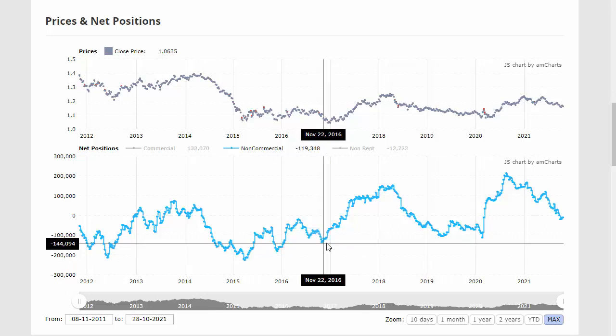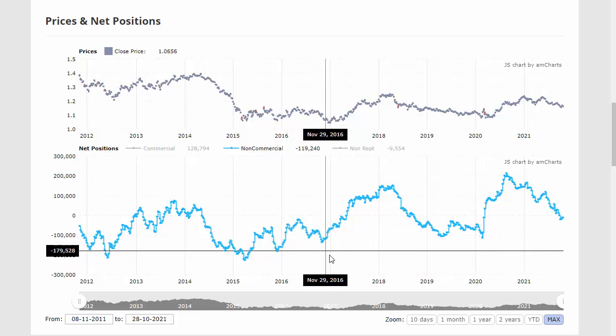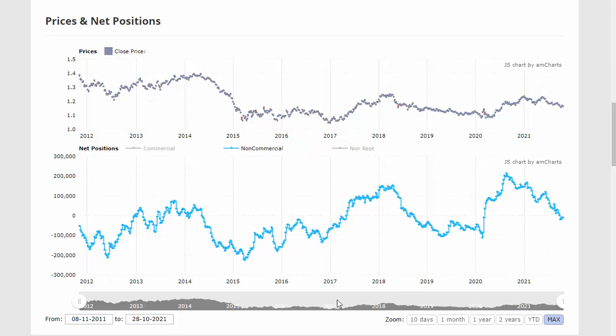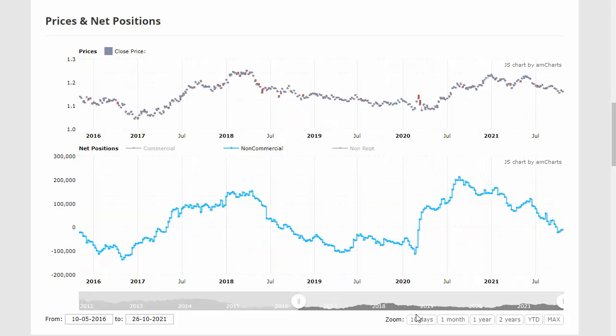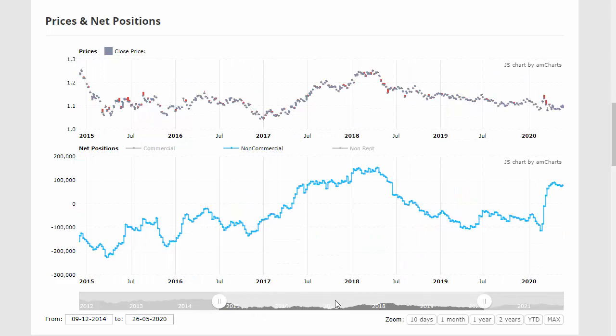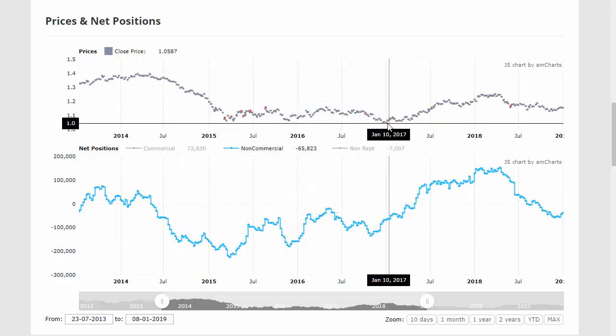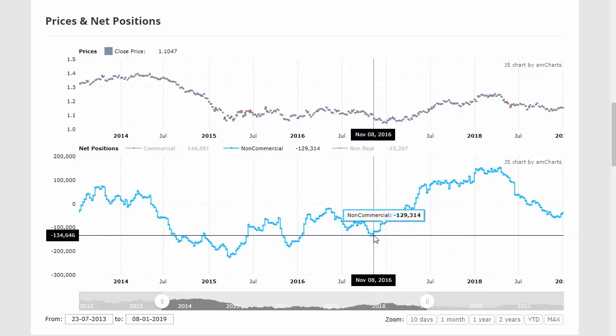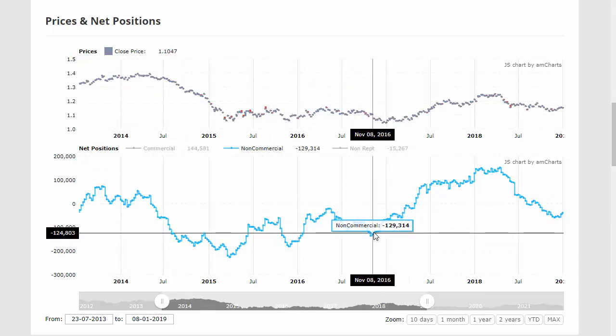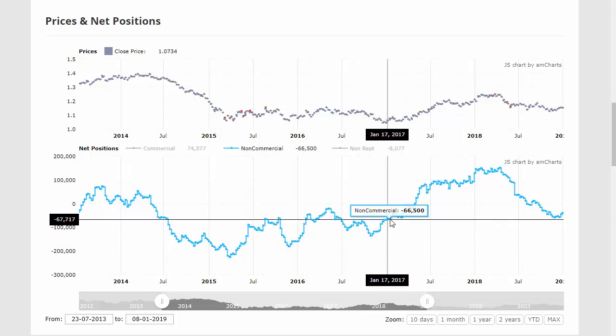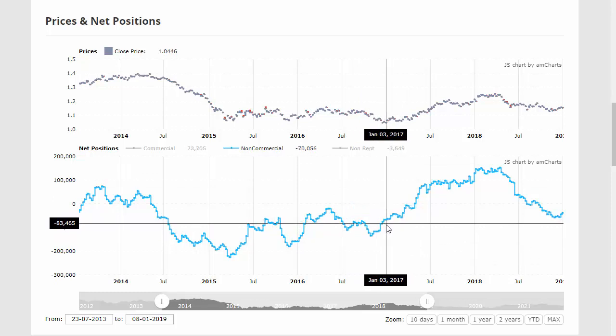And in fact, we can see that in the very short term, if I can zoom this to that point, and then if I take it back, there we go. There's the bottom there in 2017, and you can see what was going on. They were starting to drastically reduce the number of shorts that they had in play there.